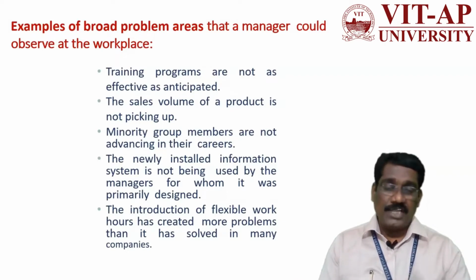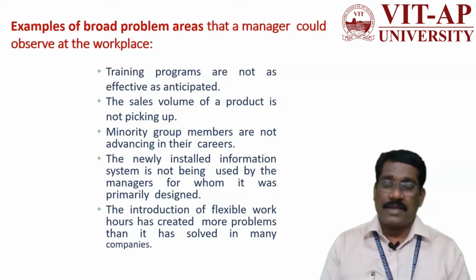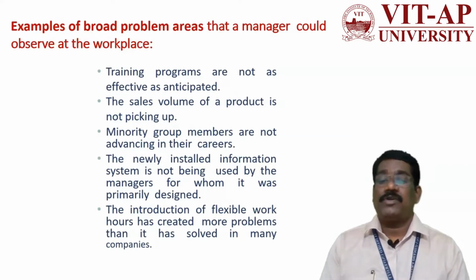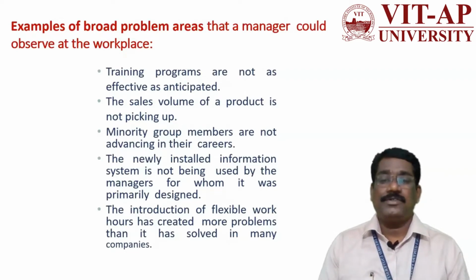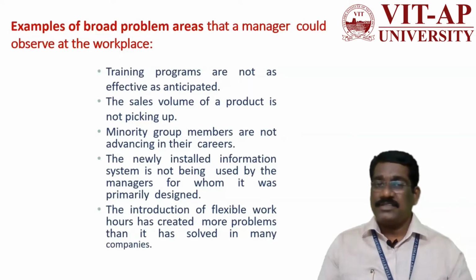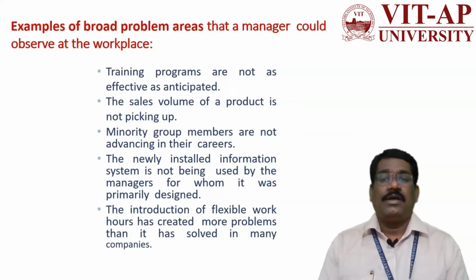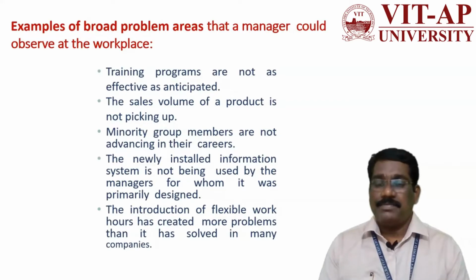We were mentioning that sales not picking up pertains to the marketing department. And when you talk about employees not being motivated, that pertains to the human resource department. And if you have a problem with inventory management, that has something to do with your production and logistics department.